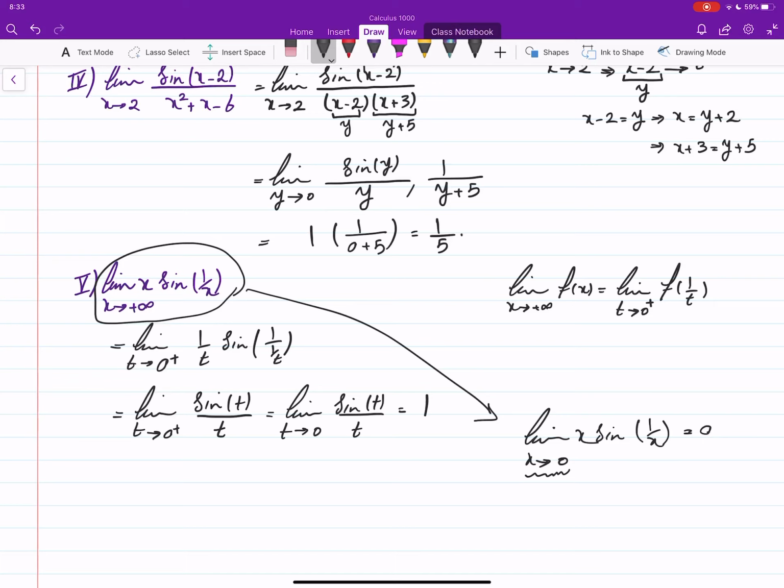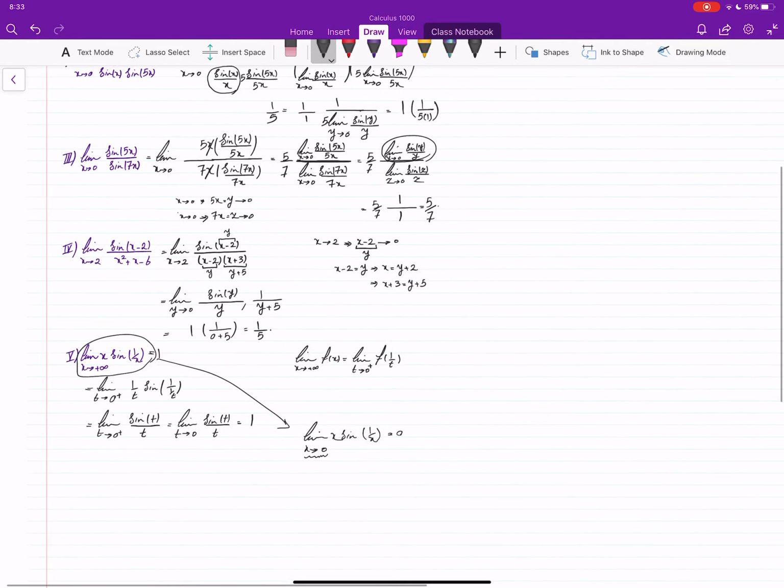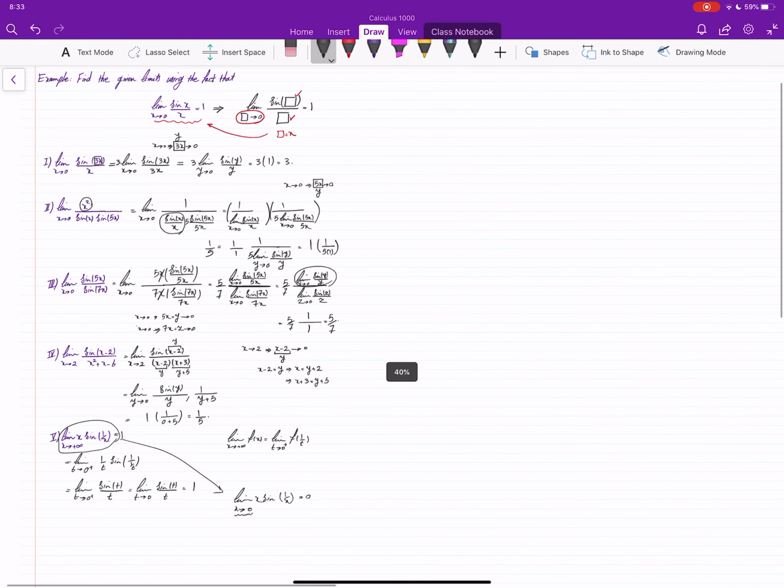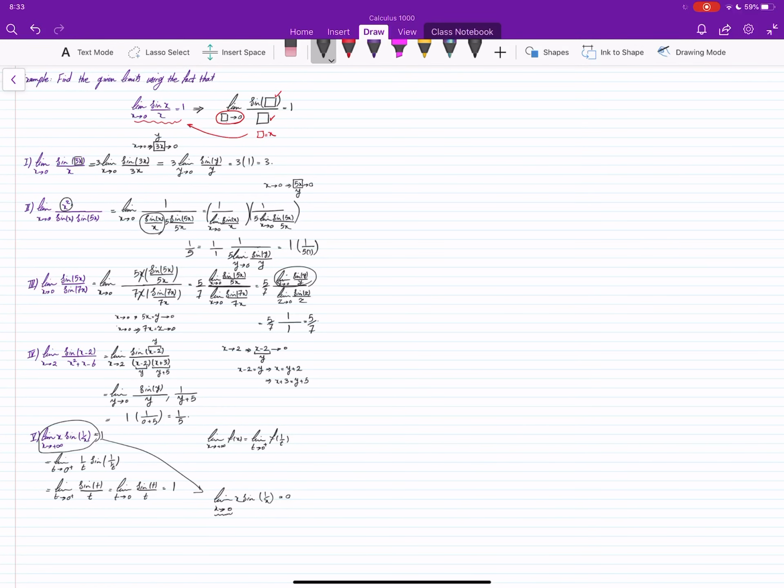You can go back to notes and videos and see that in applications of the squeeze theorem. But this one, as x approaches infinity, is equal to 1. This is different. Okay, so these were applications, or some consequences, of the limit of sine x over x as x approaches 0 being equal to 1.